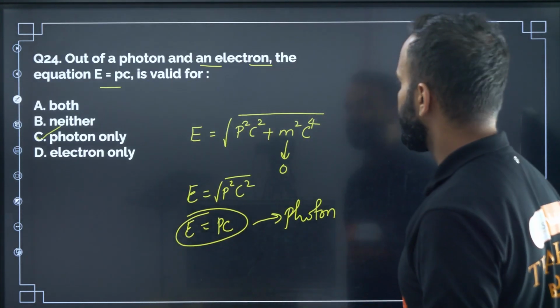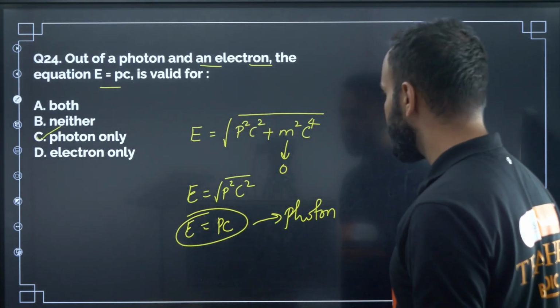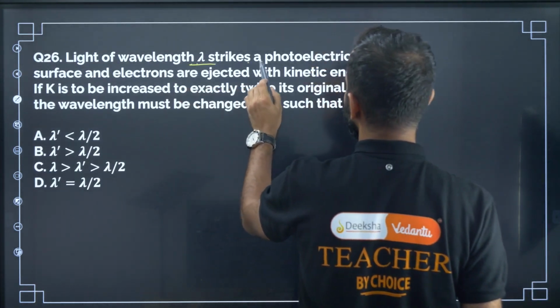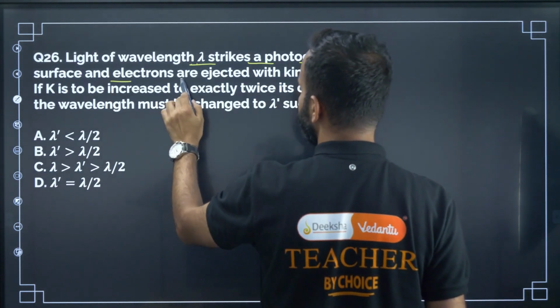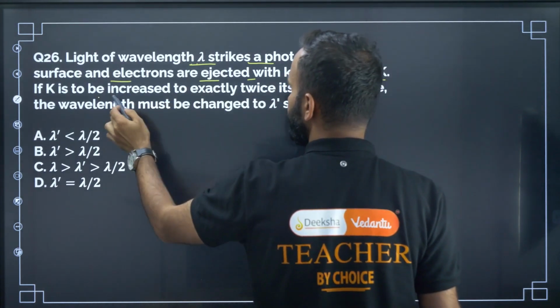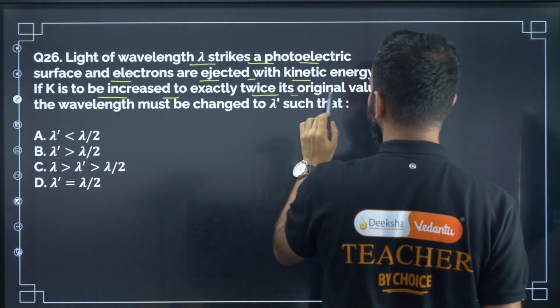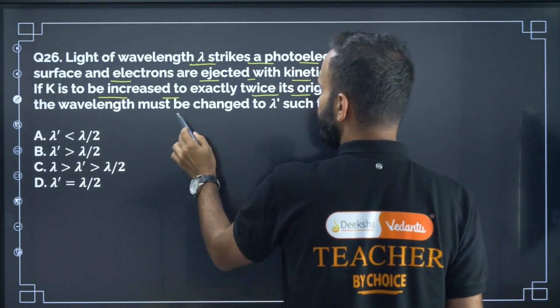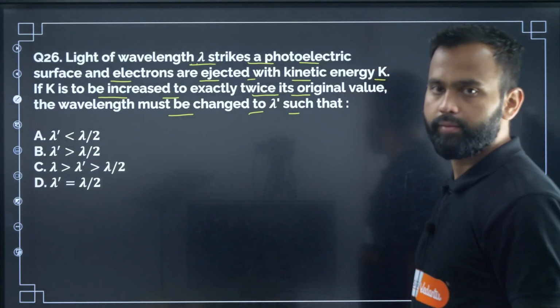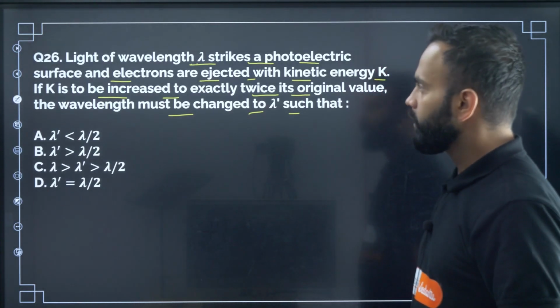Yeah, next question. Question number 26. A light of wavelength lambda strikes a photoelectric surface and electrons are ejected with kinetic energy K. If K is to be increased to exactly twice its original value, the wavelength must be changed to lambda dash such that... Okay, so there are two situations.